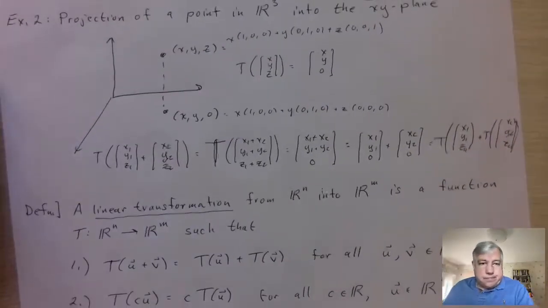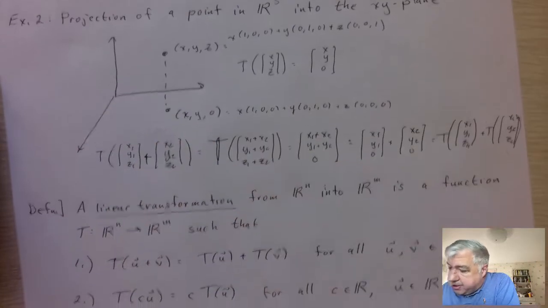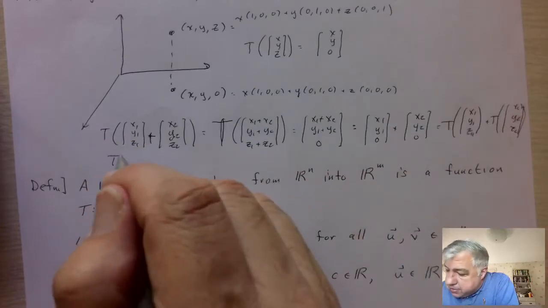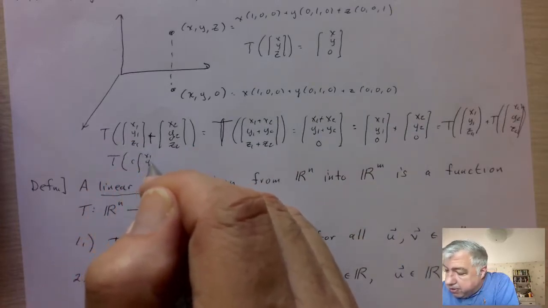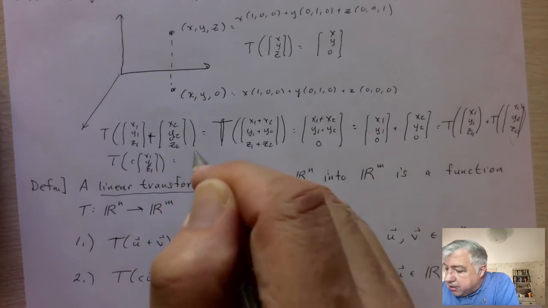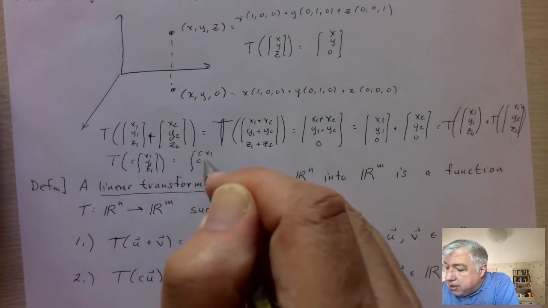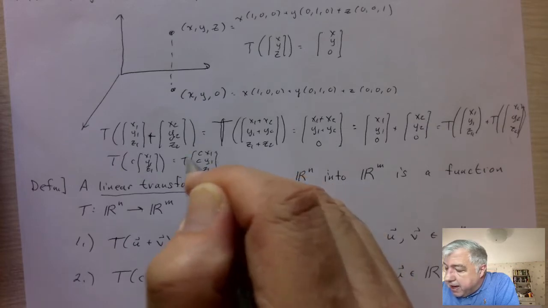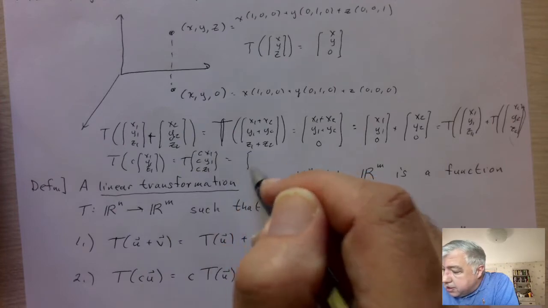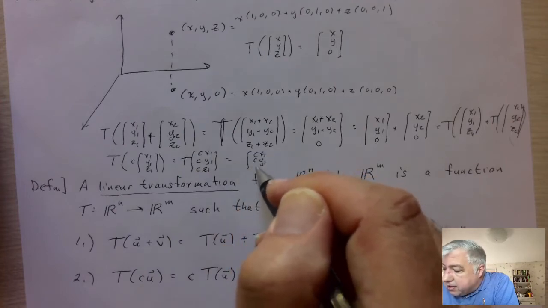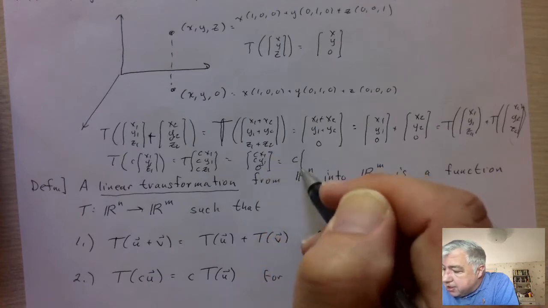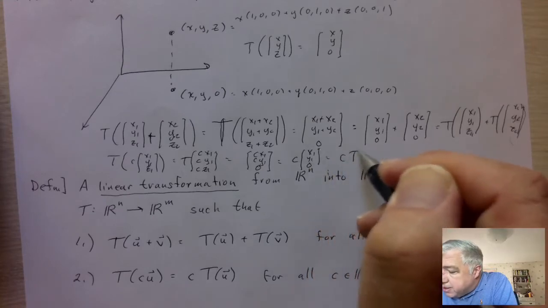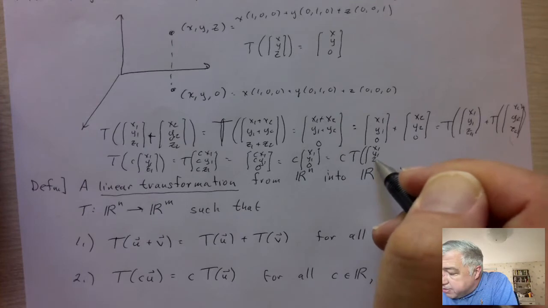Okay, so it preserves vector addition, and then I think you can also see that T of c times (x1, y1, z1) is, okay, so this is (c x1, c y1, c z1), T of that, which is just (c x1, c y1, 0), which is c times (x1, y1, 0), which is c times T of (x1, y1, z1).